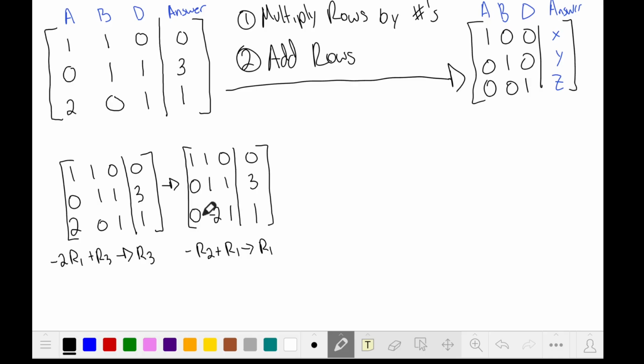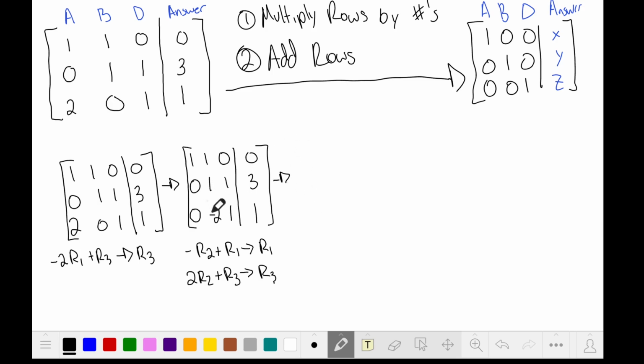And then I'm going to make zeros underneath. So I've got a 1, I want to get rid of a -2. So what I'm going to do is multiply row number 2 by 2. So 2 times row 2 plus row 3 becomes my new row 3.